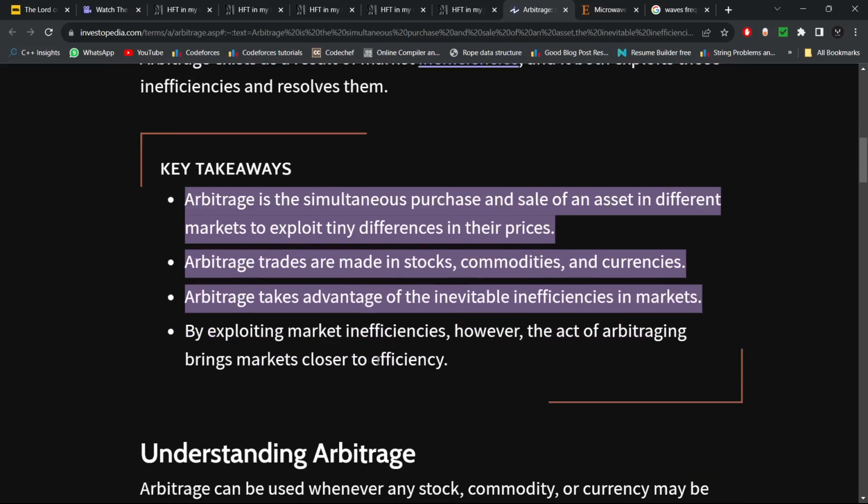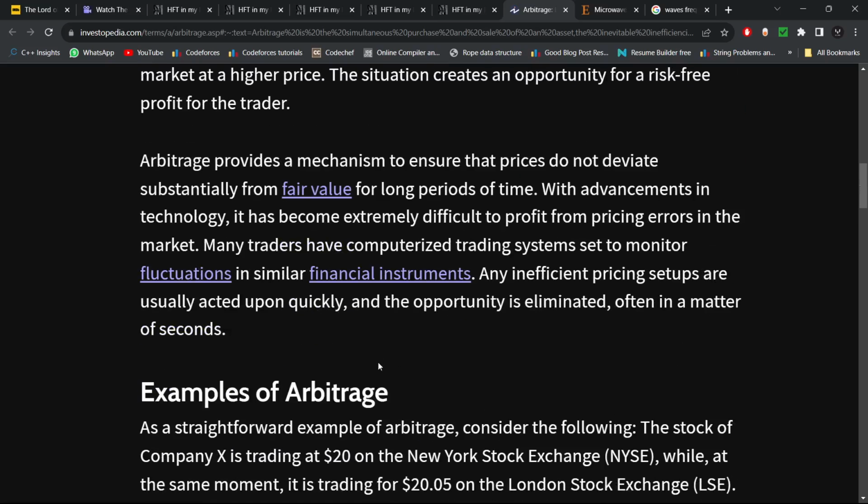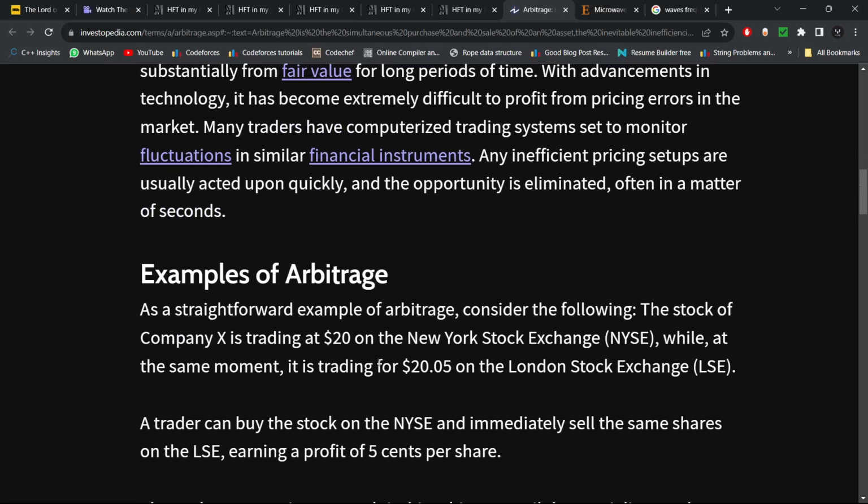In case you do not understand what it means, let's look at an example given on Investopedia. Let's say there is a company X whose stock is listed both on the New York Stock Exchange, abbreviated as NYSE, and on the London Stock Exchange, abbreviated as LSE. Let's say the stock of company X is trading at $20 on NYSE, and at $20.05 on the London Stock Exchange.